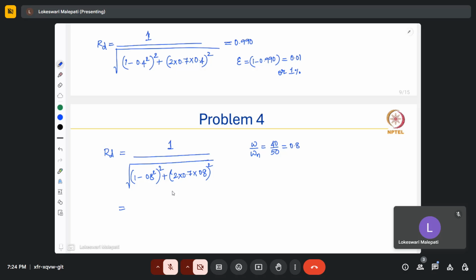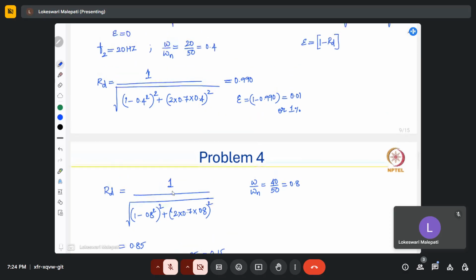Point 0.85. Yes. 0.85. That means error would be 1 minus 0.85, that is 0.15 or 15 percent.